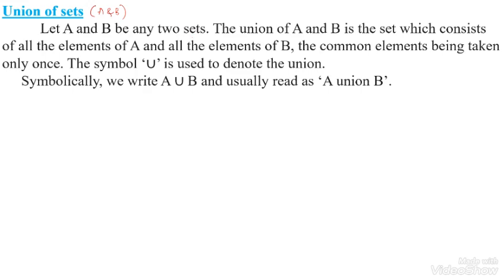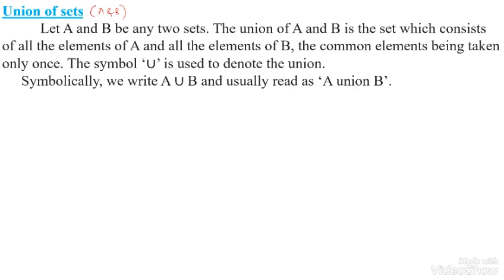Then the union of A and B is the set which consists of all the elements of A and all the elements of B, the common elements being taken only once. The symbol ∪ is used to denote the union.